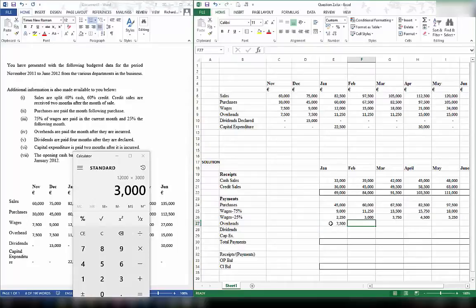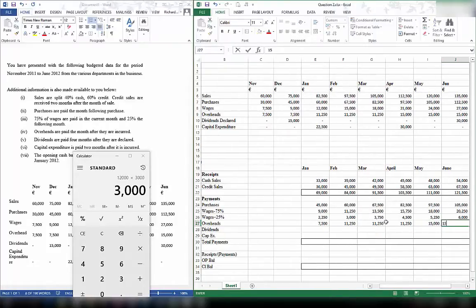In February, the same, 11,250 from January. In March, our 11,250 that we incurred in February. In April, our 11,250 that we incurred in March. In May, our 15,000 that we incurred in April.